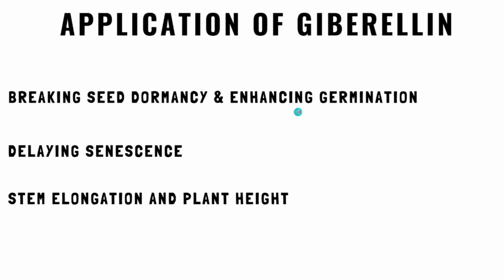It can also delay senescence, but normally this is for delaying the ripening of fruits and maintaining freshness. Of course, it also improves stem elongation and plant height.